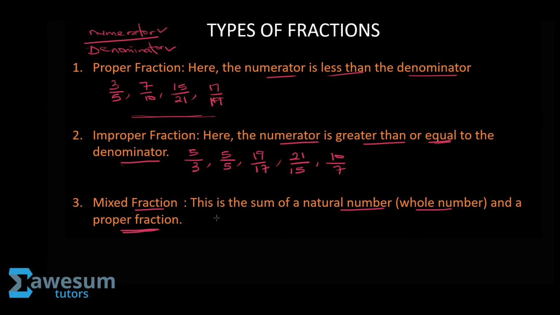So what are the examples of mixed fractions right now? A whole number and a proper fraction. Example, 7 whole number 3/5. This is a whole number. This is a proper fraction, right?